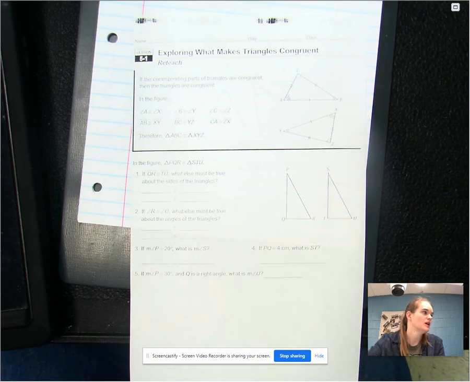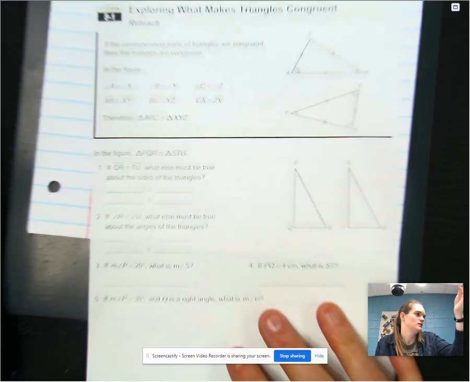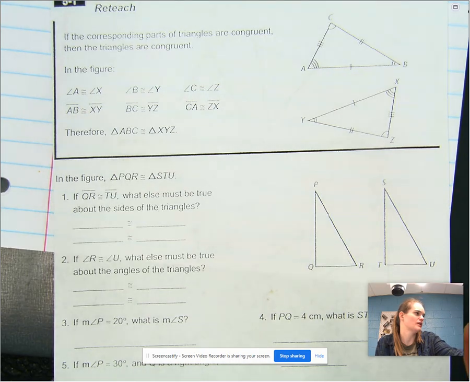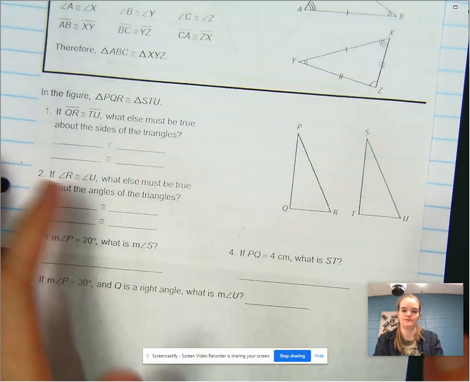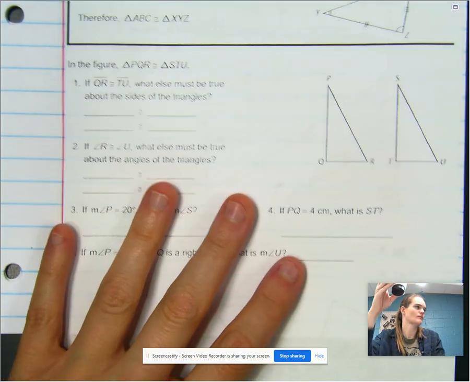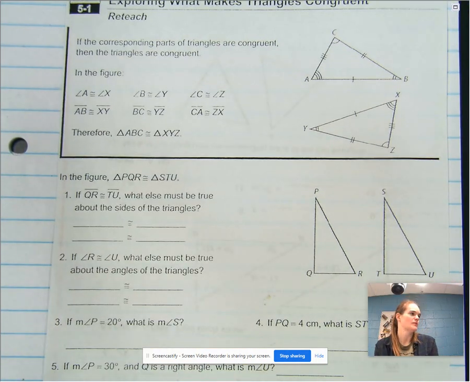Alright, so let's look here. I have to change the brightness so we can actually see. Alright, it says if corresponding parts of triangles are congruent, then the triangles themselves are congruent.